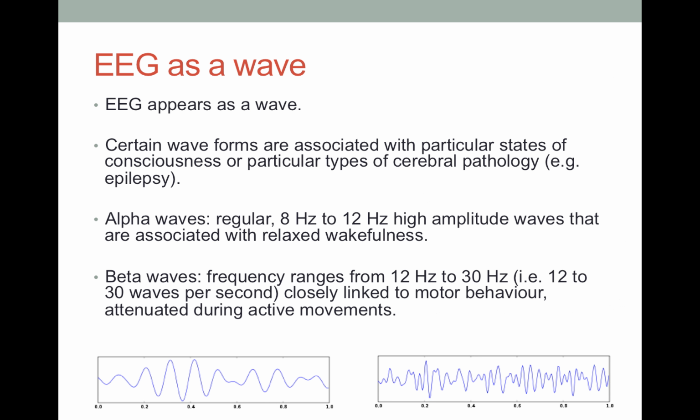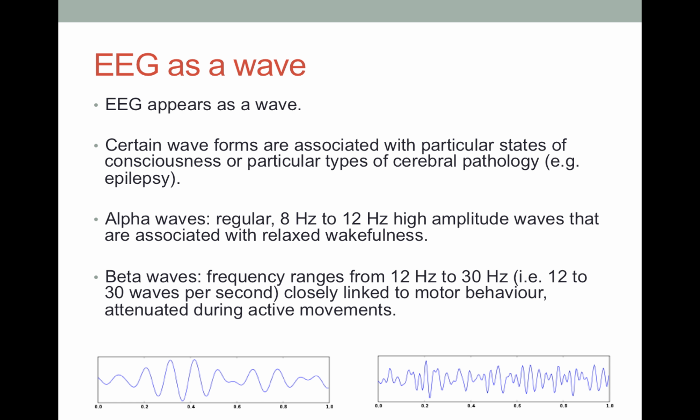We can see that EEG activity when we monitor continuous EEG appears as a wave. Certain waveforms are associated with particular types of consciousness or particular types of cerebral pathology, such as epilepsy. For example, alpha waves are regular 8 to 12 per second high amplitude waves that are associated with relaxed wakefulness.